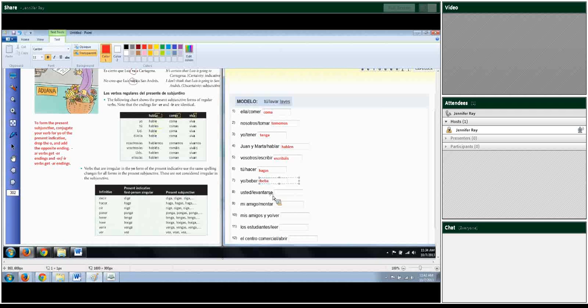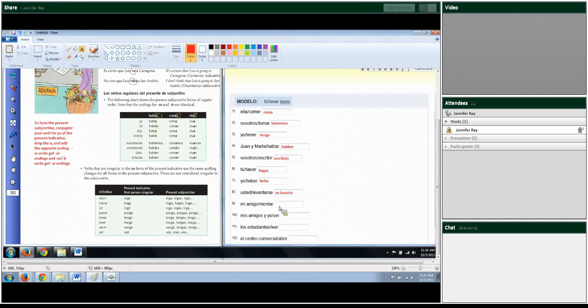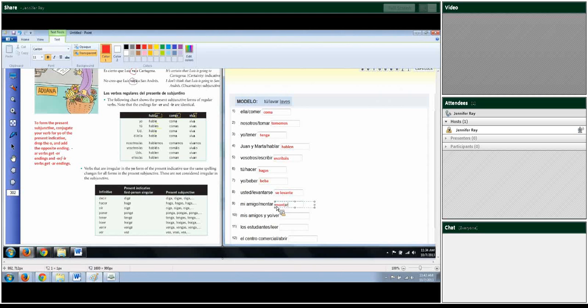Usted, levantarse. Just like when it's reflexive, you do the same thing that you did with present tense verbs: your reflexive is going to match who it is that's doing the getting up. In this case, since it's usted, it's going to be se, and it goes in front. Levanto, drop the O, it's an AR verb, which would make it levante. Mi amigo, montar, monto. Get rid of that O, it's mi amigo, like he, so that would be monte.